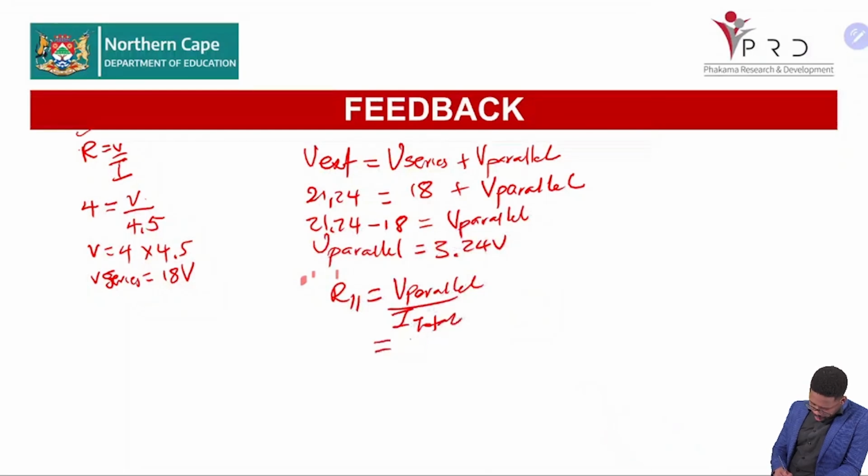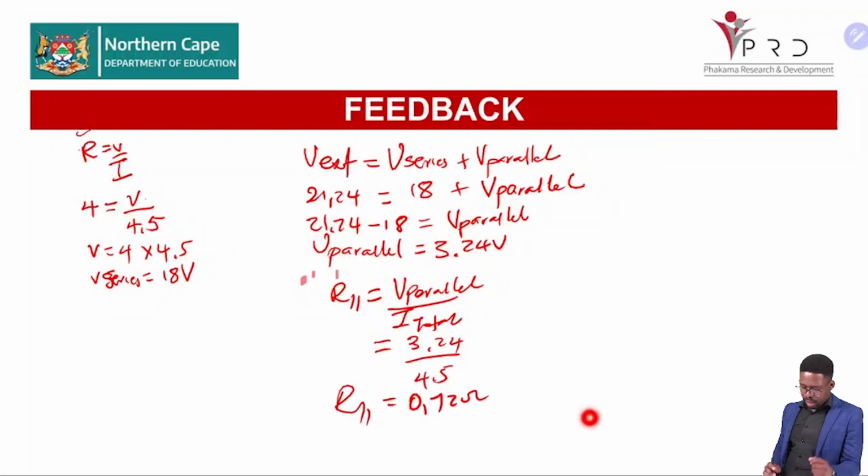Our V parallel is 3.24 all over 4.5. So 3.24 divided by 4.5. And then our answer is going to be 0.72 ohms. So that's our resistor in parallel.